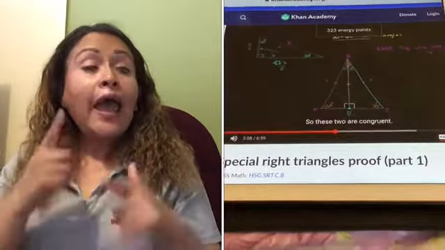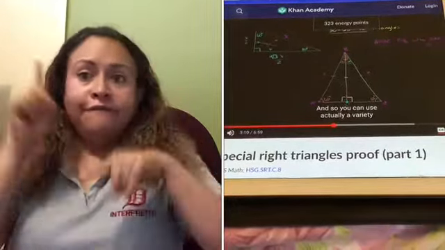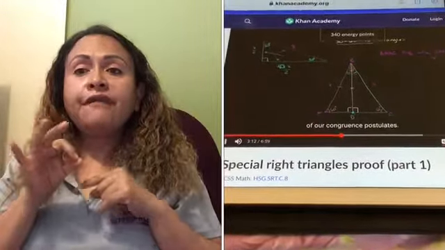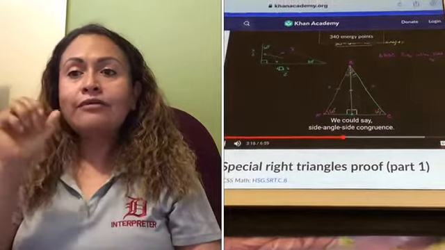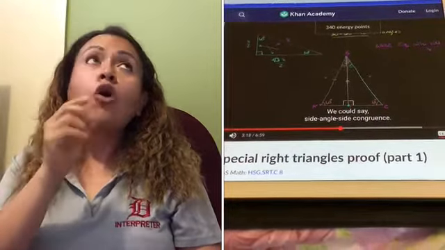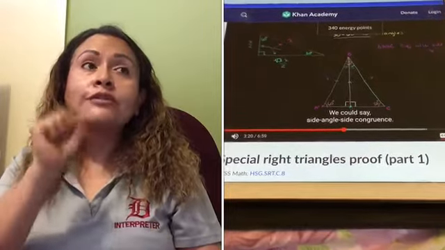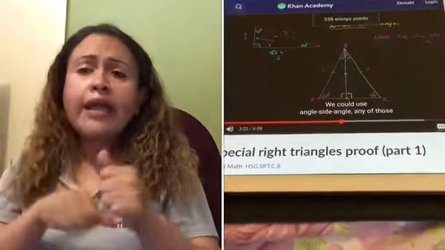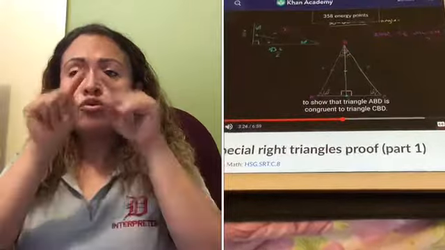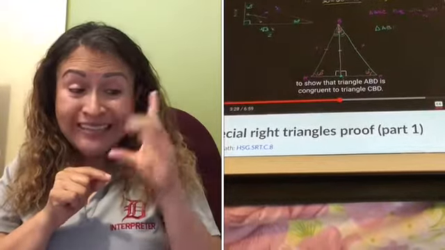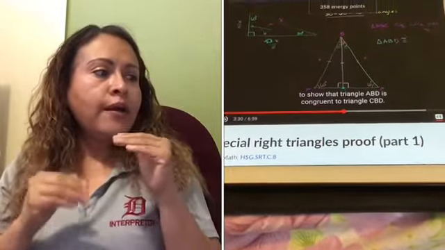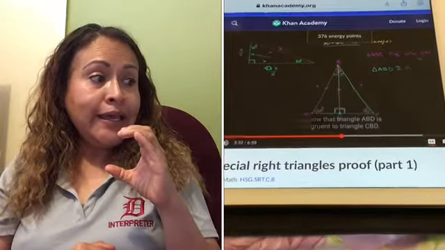And so you can actually use a variety of our congruence postulates. We could say side, angle, side congruence. We could use angle, side, angle. Any of those to show that triangle ABD is congruent to triangle CBD.